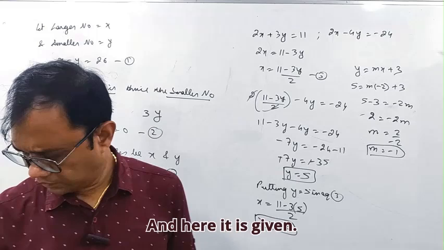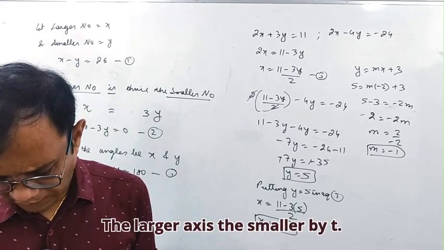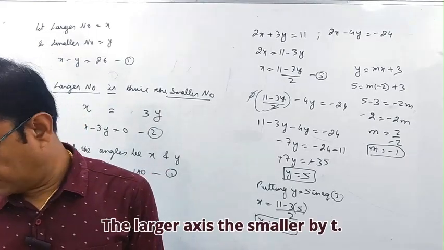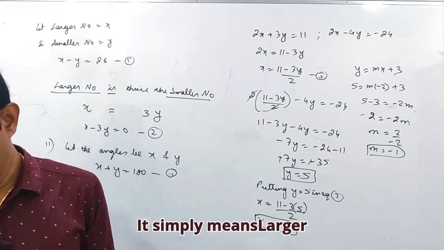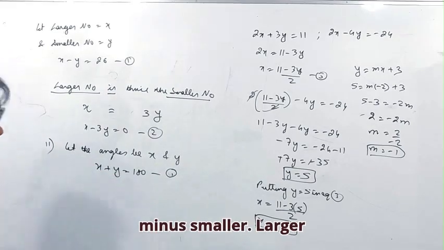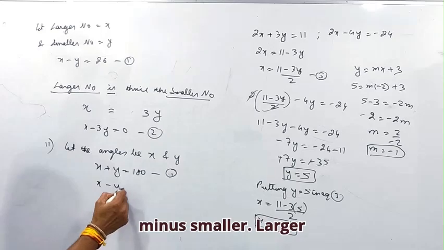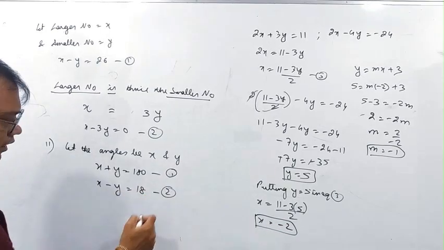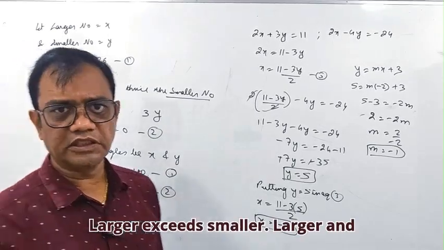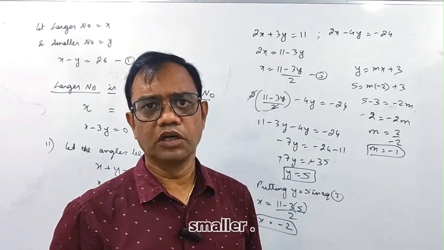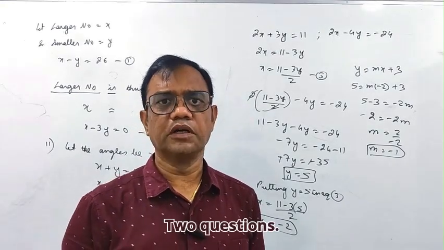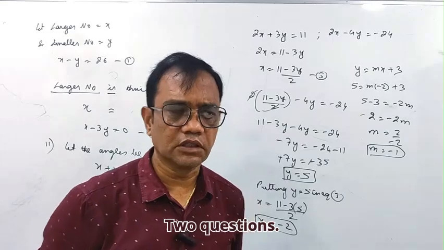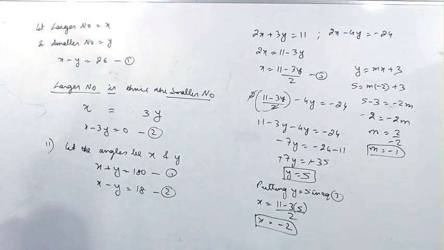And here it's given, the larger exceeds the smaller by 18. It simply means larger minus smaller, larger minus smaller is 18. Larger exceeds the smaller. Larger is bigger than smaller, so whenever one thing is bigger than the other, how do we find it? By subtracting. 2 questions. Next.